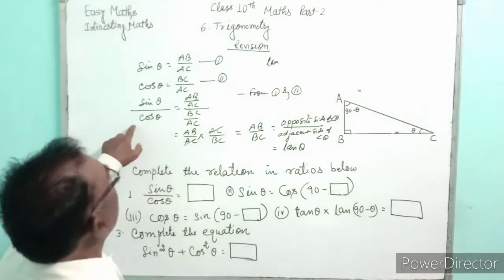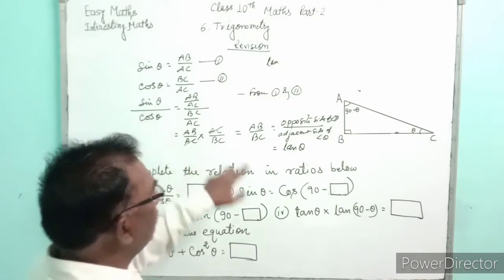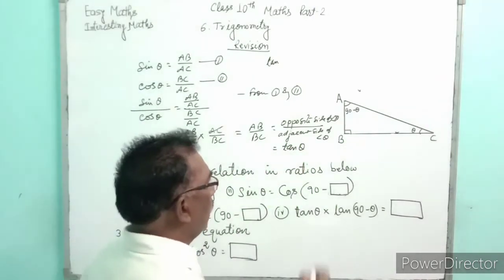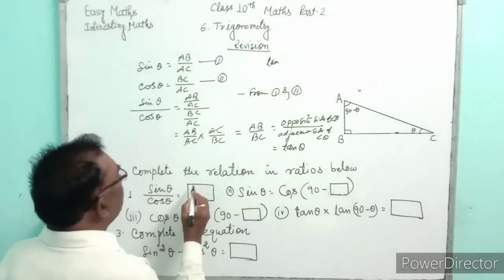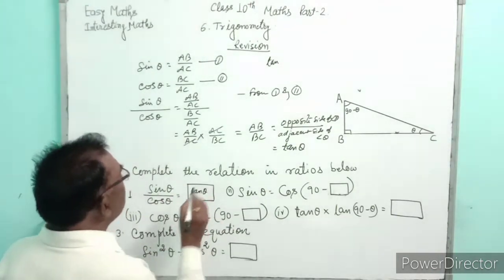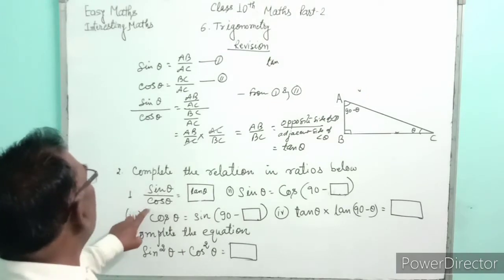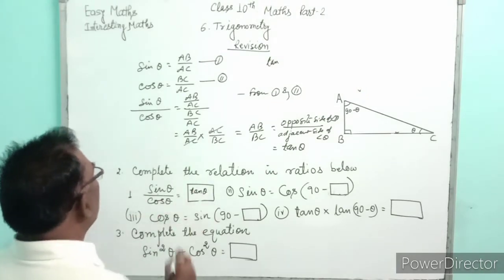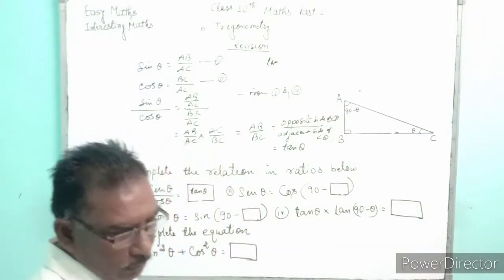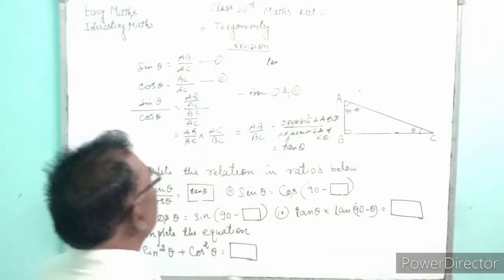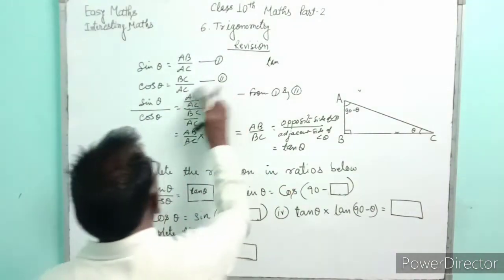Therefore, sin theta upon cos theta is equal to tan theta. So we write here sin theta by cos theta is equal to tan theta. This is a relation between sin theta, cos theta and tan theta. Now let us see the second relation.